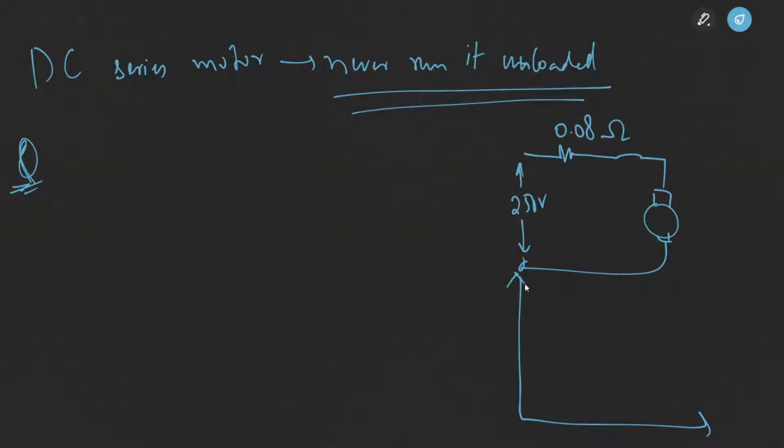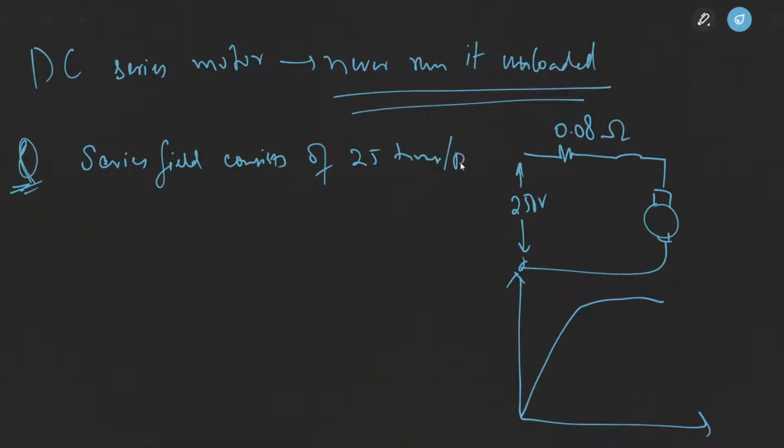Magnetization curve, almost similar to what we have done in the last question. So whatever values need to be checked from here, I will be giving you those values later on. Series field consists of 25 turns per pole.